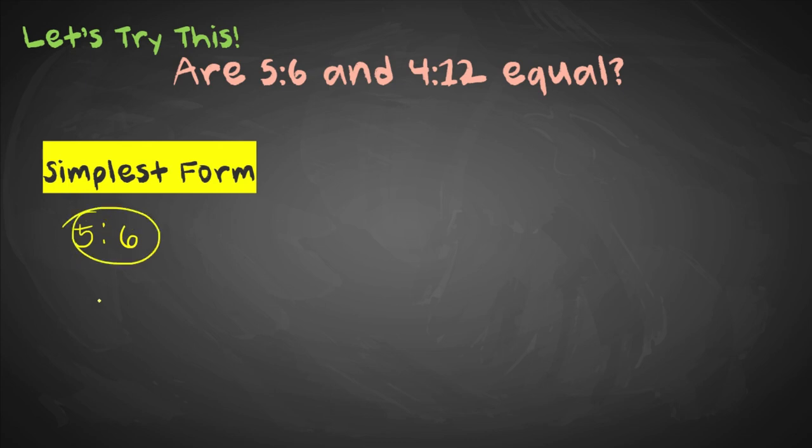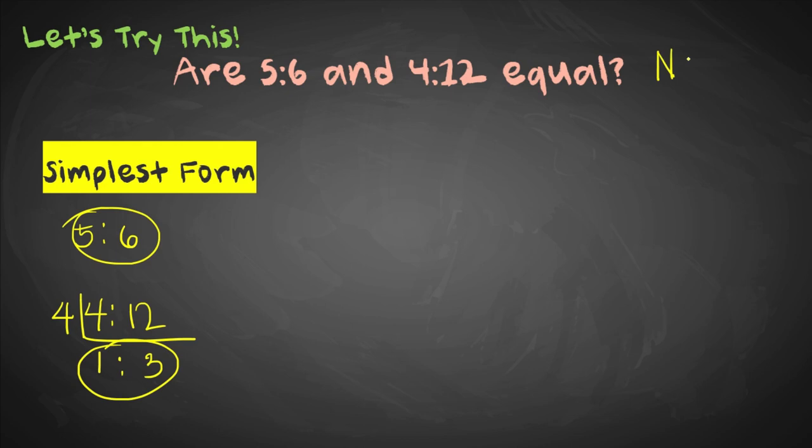We have 4 is to 12. May common factor pa yan which is 4. GCF nila ay 4. 4 divided by 4 is 1. 12 divided by 4 is 3. 1 is to 3. So 5 is to 6 and 1 is to 3, they are not equal. So, ang sagot dito is no.